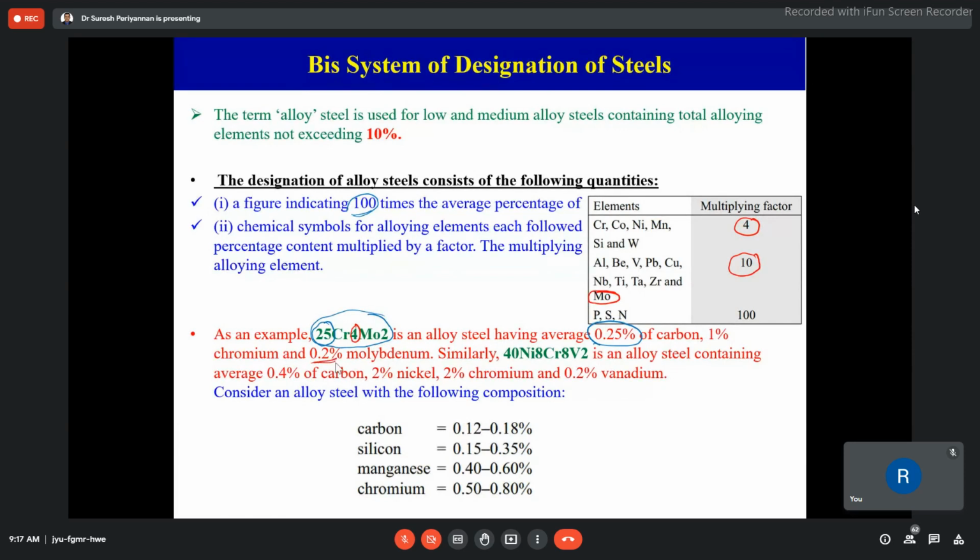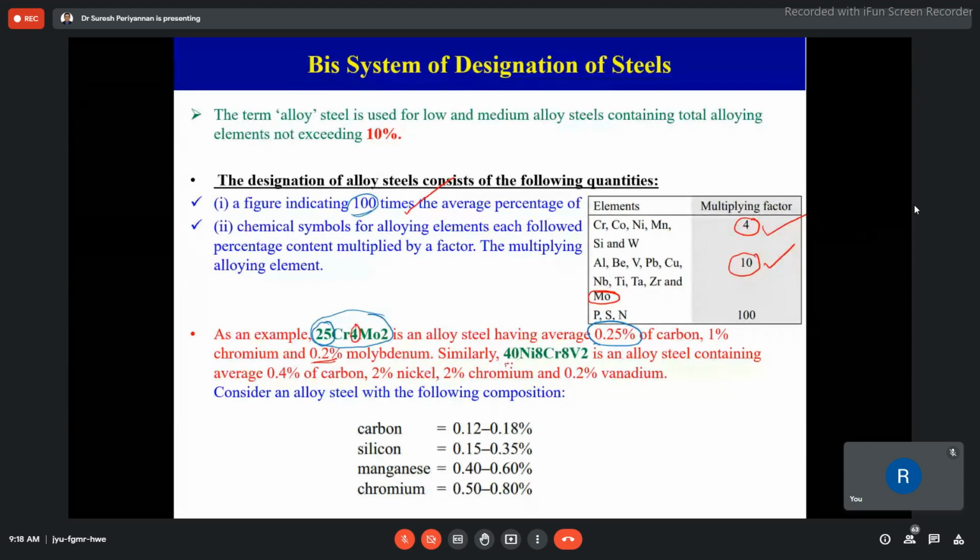So 25 divided by 100 is the first step, Cr4 is followed by the second step, and Mo2 by the third step. Now we can easily understand the composition of the material: 0.25% carbon, 1% chromium, and 0.2% molybdenum.